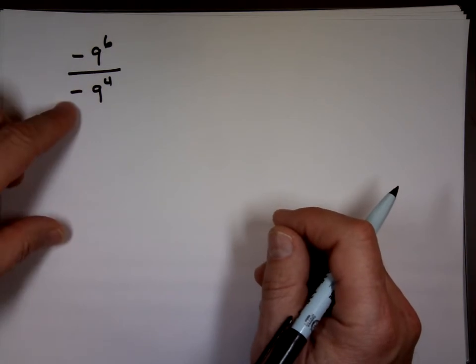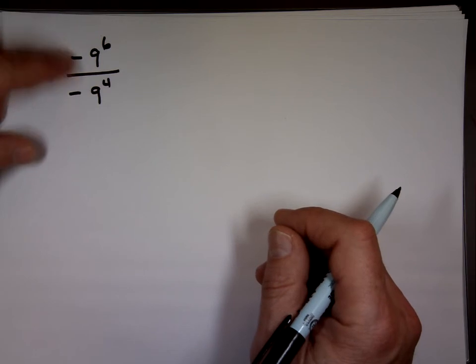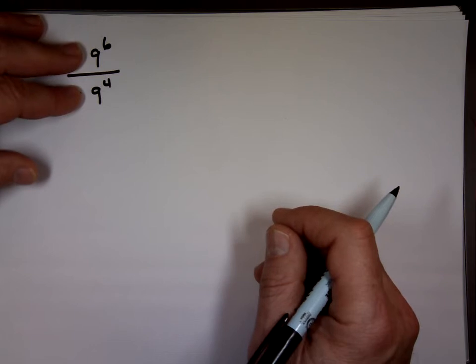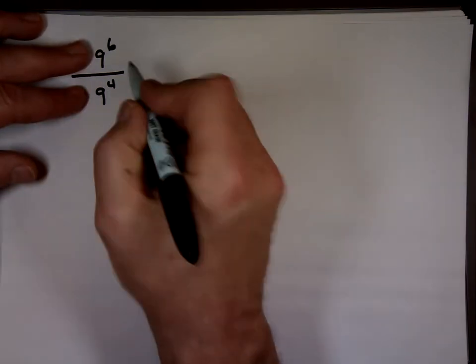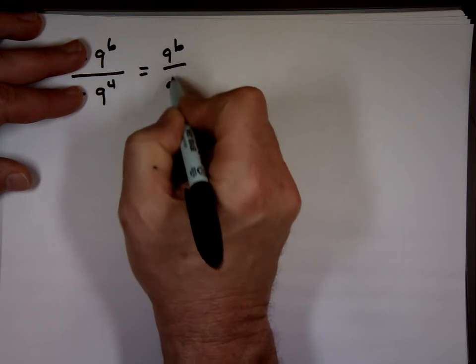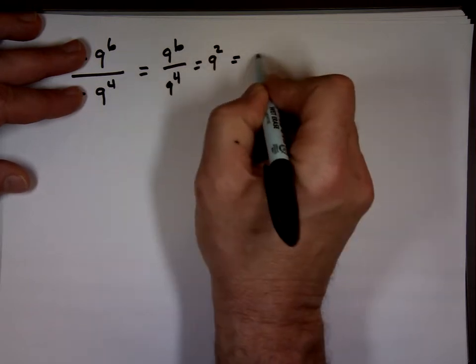What's a minus over a minus? Positive. So these two will cancel each other out. So it wouldn't matter. 9 to the 6 over 9 to the 4th power, which is 9 squared. In this case, just happens also to be 81.